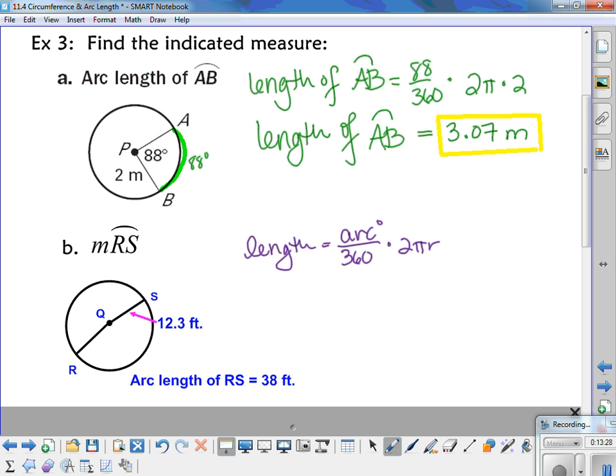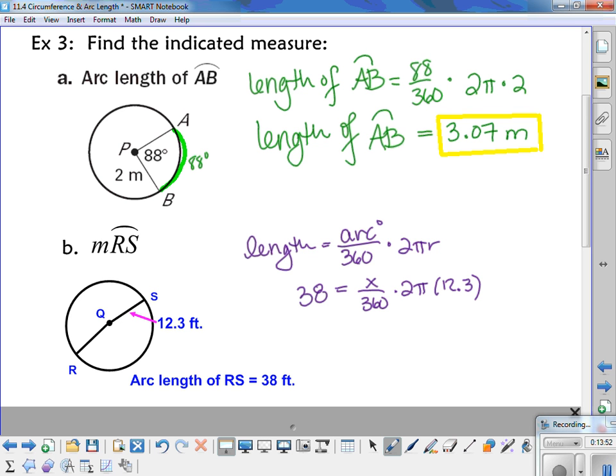So I plug in what I know. They told me that the length was 38. The arc degrees, I don't know, that's what I'm trying to find, x, over 360 times 2 pi times 12.3, which is my radius.